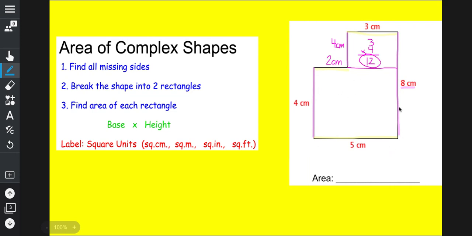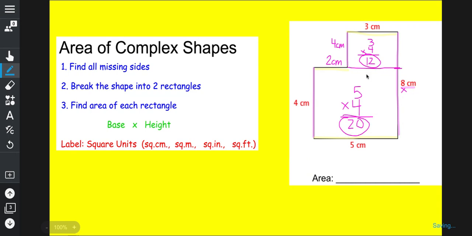Now this next one, if I go around the shape, I'm seeing at least 3 numbers touching this shape. Now remember, we cut across the 8, so we are not going to use the 8. We have a base of 5, and we have a height of 4. So we're going to do 5 times 4, which is 20. And we're going to circle that.